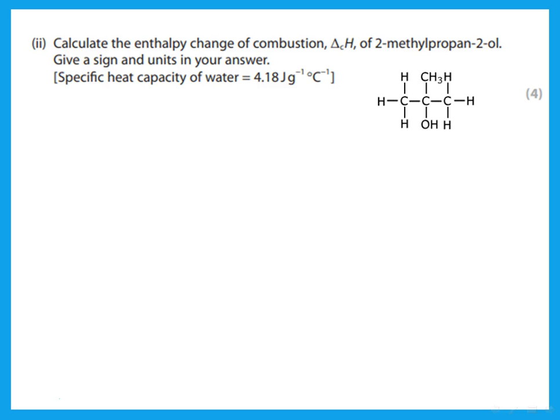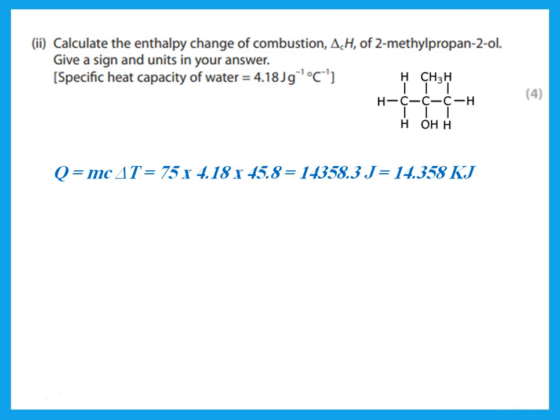Now he's saying calculate the enthalpy change of combustion of 2-methyl propane 2-ol, give a sign and unit. So we're trying to get delta H. Okay, how do we get delta H? First of all, we need to get Q. You should know that Q is MC delta T. What is M?